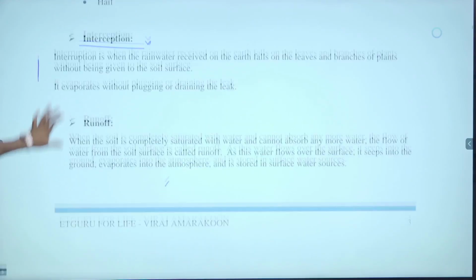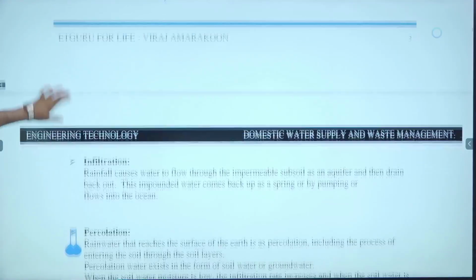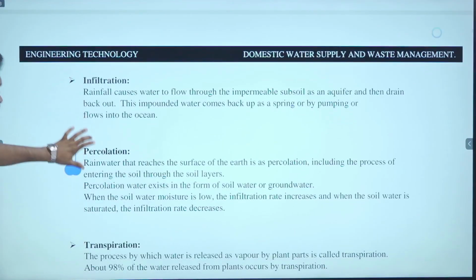Okay, runoff also I will tell. Interception, runoff, wait. Then infiltration.